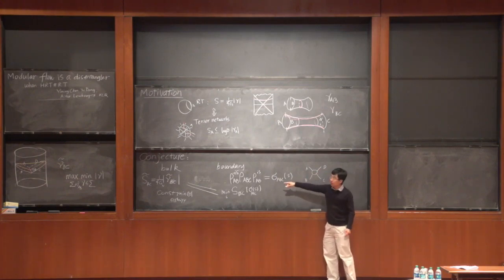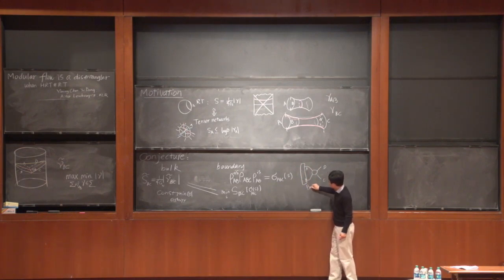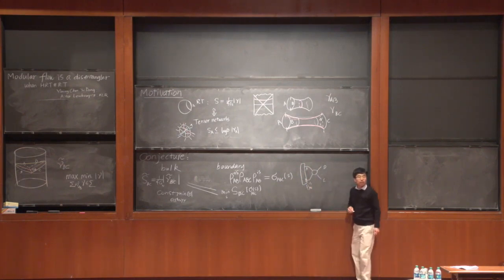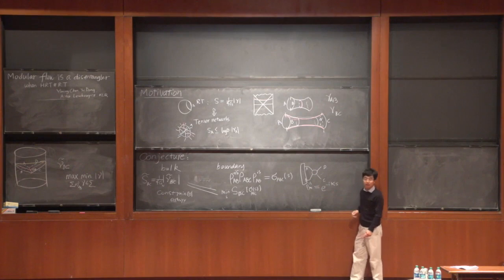But now when you do the modular flow, it's like you are applying some unitary gate, which is rho AB to the power iS. That's the modular flow. If you write rho AB as e to the minus K, then this is just an ordinary time evolution.